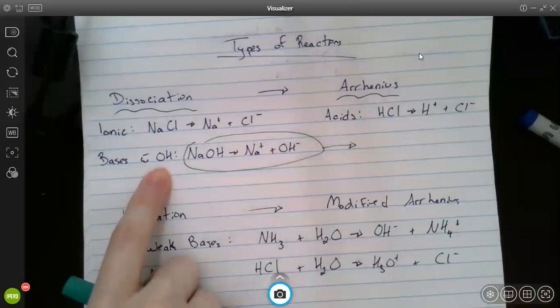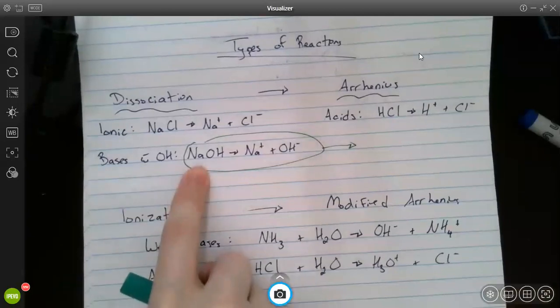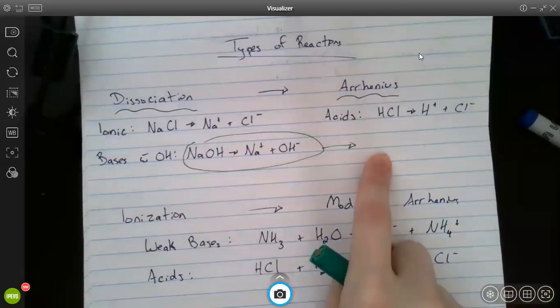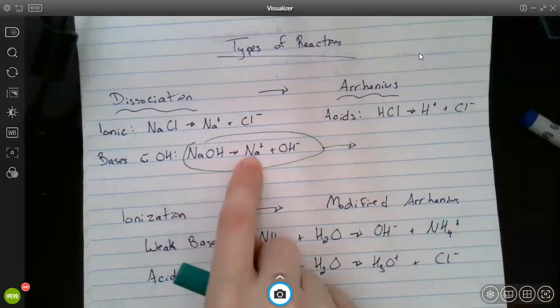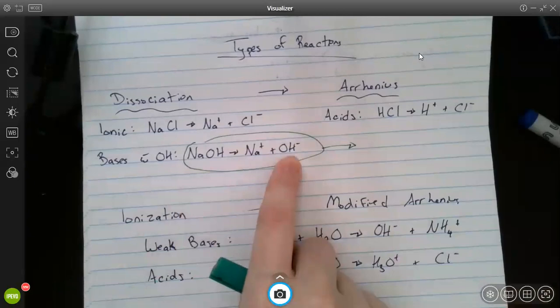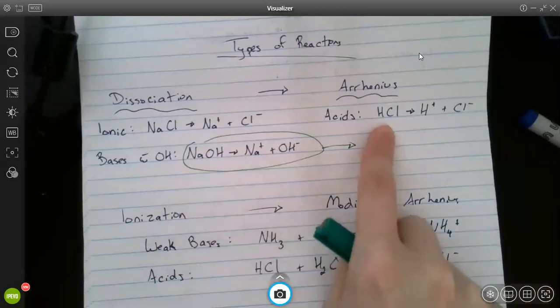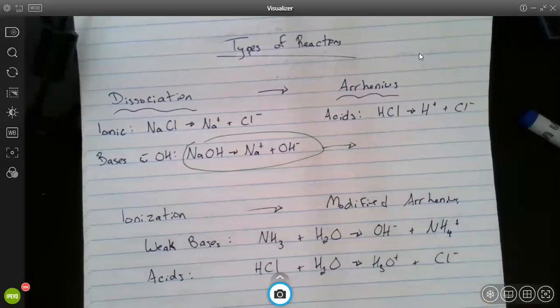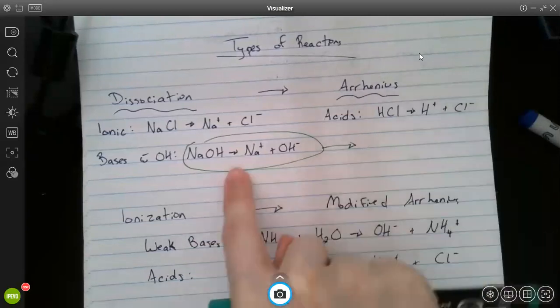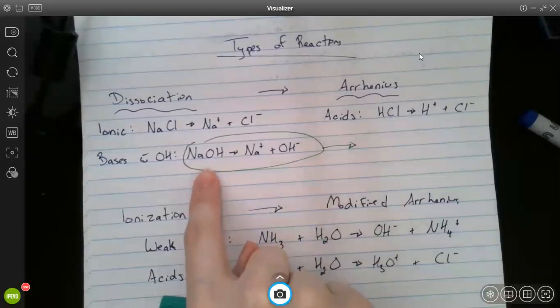Bases that have an OH will also dissociate, and their Arrhenius equations will be the same thing as their dissociations. So we just take our base and we split it apart into our metal ion and our hydroxide ion. And again, the Arrhenius equation for a base is identical to its dissociation. Bases like this actually dissociate.